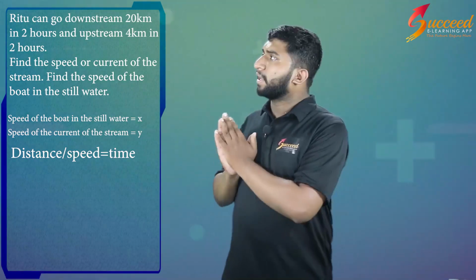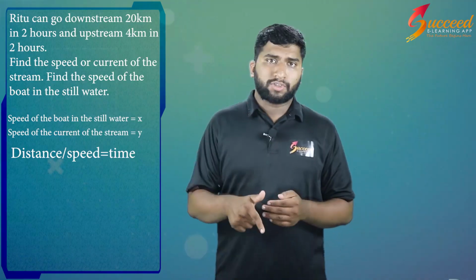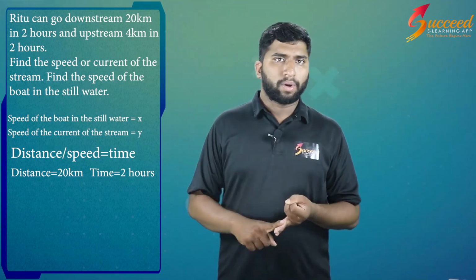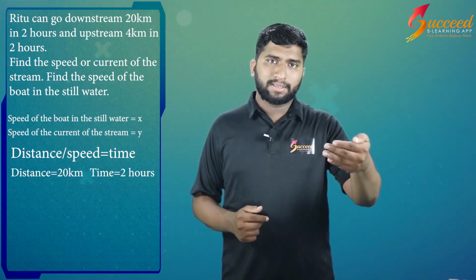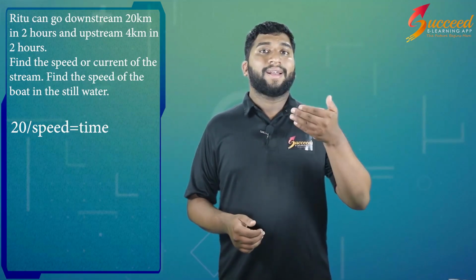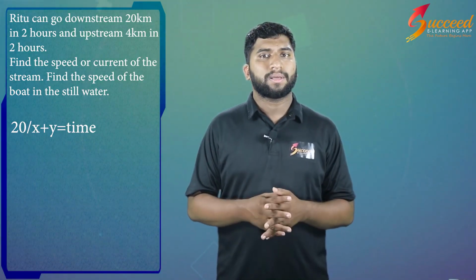So what was the question here? Ritu is going 20 km downstream in 2 hours. So distance is 20 km, time is 2 hours. Distance by speed is equal to time, so we can write 20 divided by x plus y. Why are we taking x plus y here?